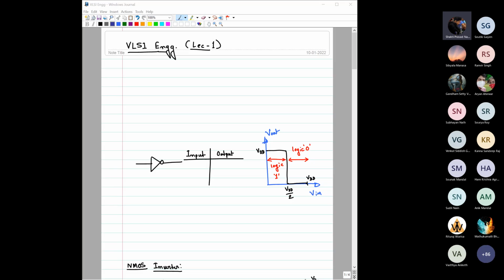When I say MOS inverter, I think all of you are already familiar with it. Let me write it. The MOS inverter is the most fundamental logic gate.